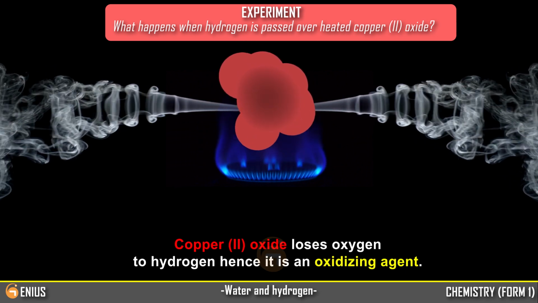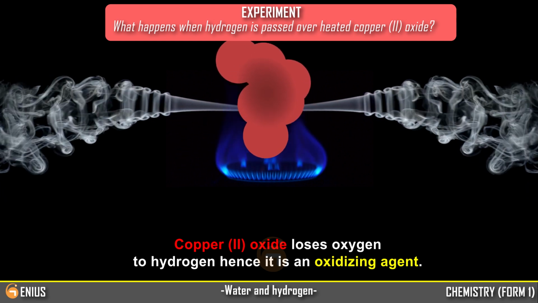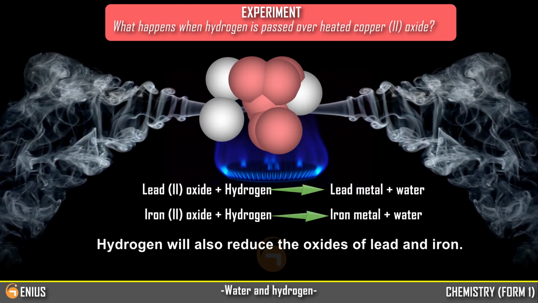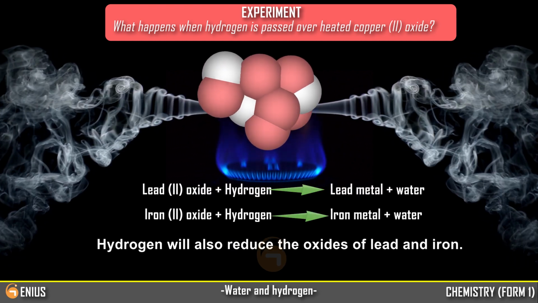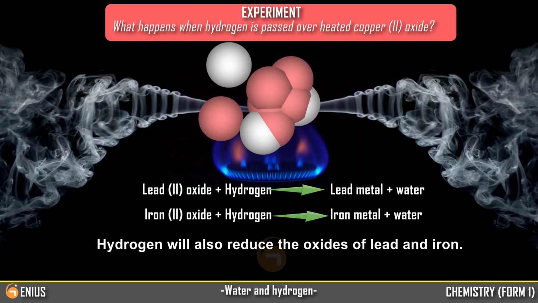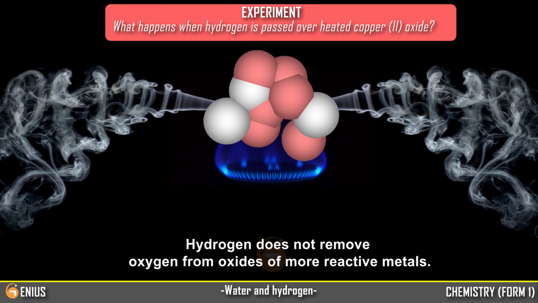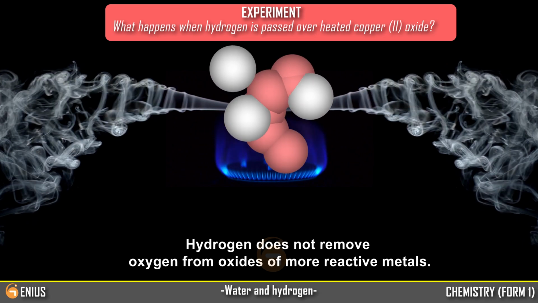Copper(II) oxide loses oxygen to hydrogen, hence it is an oxidizing agent. Hydrogen will also reduce the oxides of lead and iron. Hydrogen does not remove oxygen from oxides of more reactive metals.